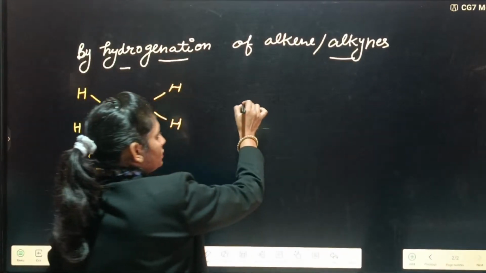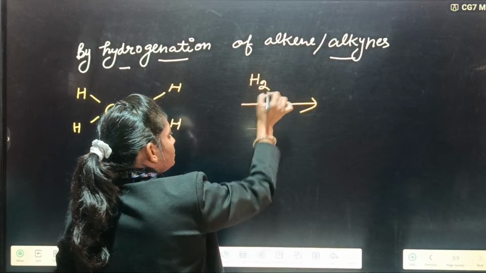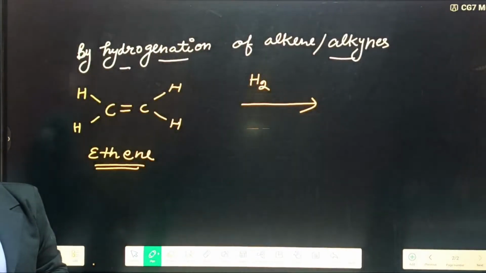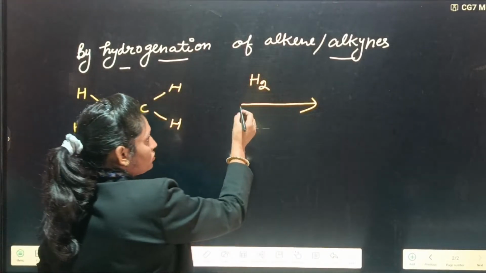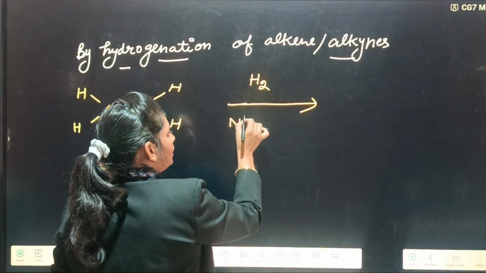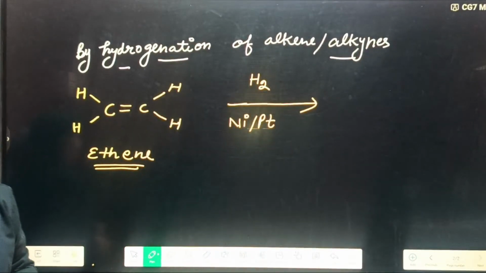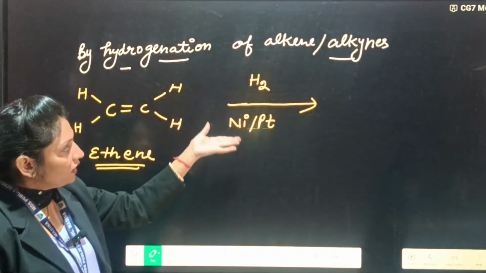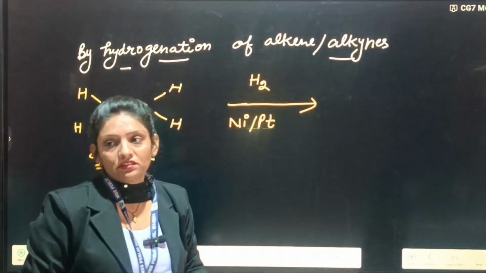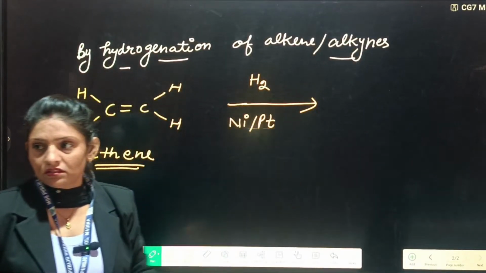Then students, if you do hydrogenation, meaning addition of hydrogen, for this we can use a catalyst also: nickel, platinum or palladium. These are the catalysts, and with their help we can do the reaction.